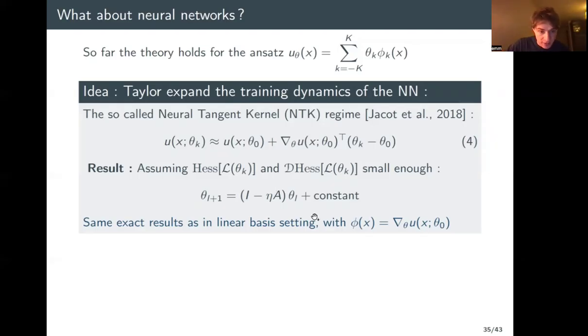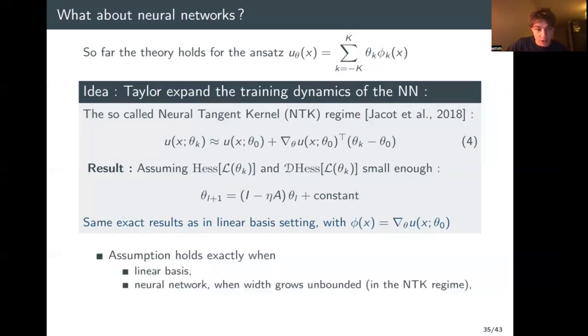So we have the same exact results as in the linear basis setting, where our features correspond to the gradient of theta applied to u, and our parameters are evaluated at the initialization.